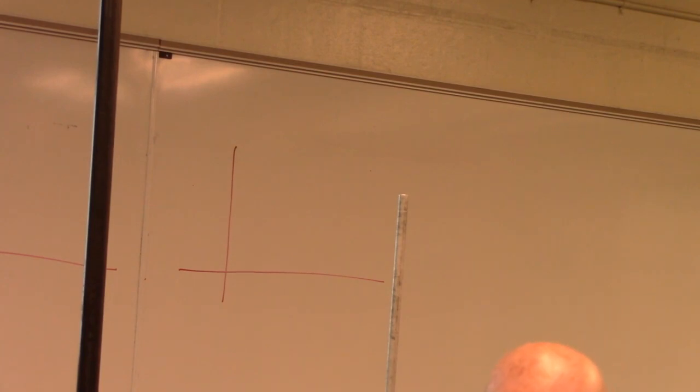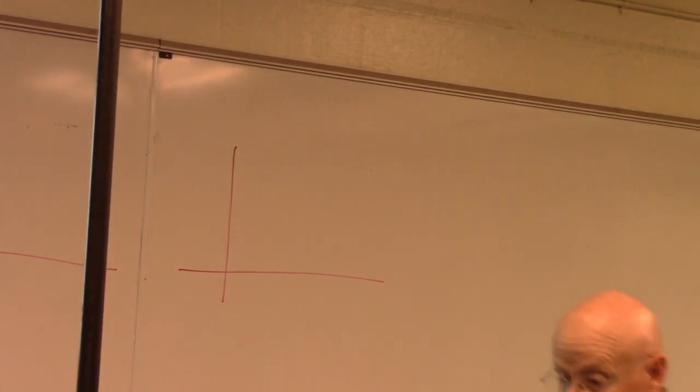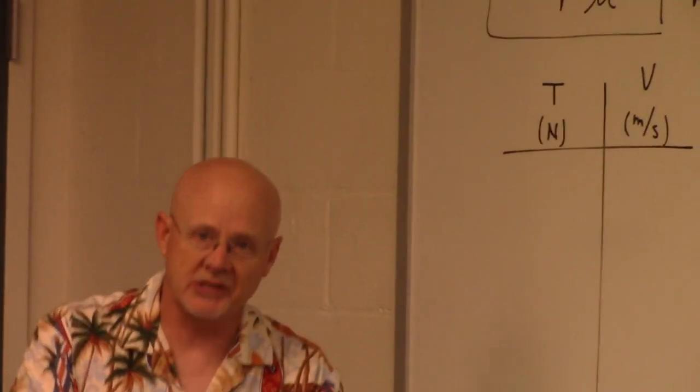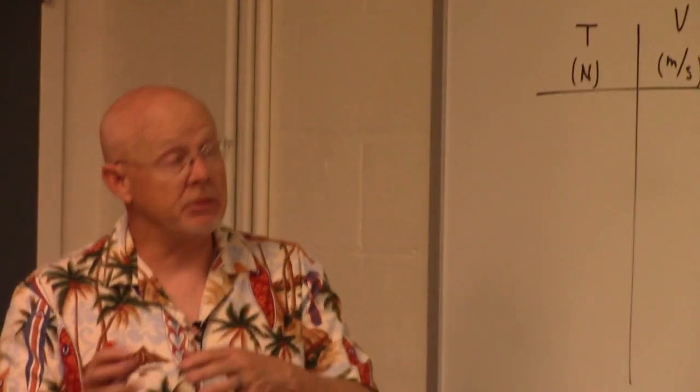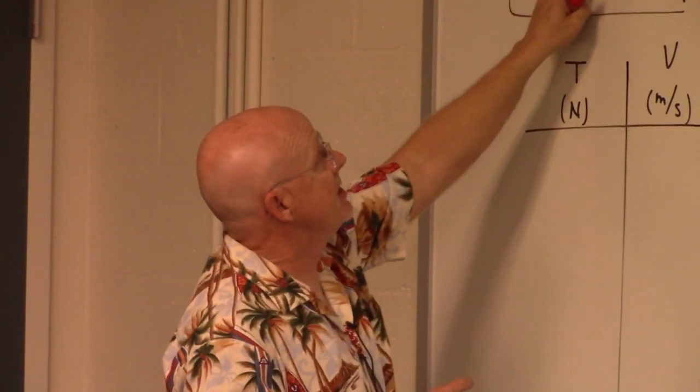We're done with this, so I can take this down if this is in the way. All right. What I mean by the old-fashioned plot, and let me come way back over here, is the kind of graph you were thinking, and the kind of graph you did in high school and middle school, the simple graph where your axes are simple, but your graph may be complex. So let's plot velocity versus tension.